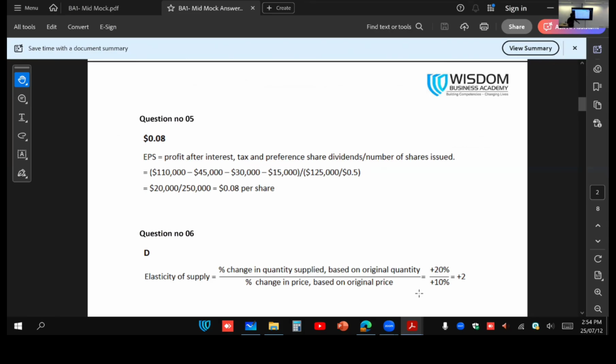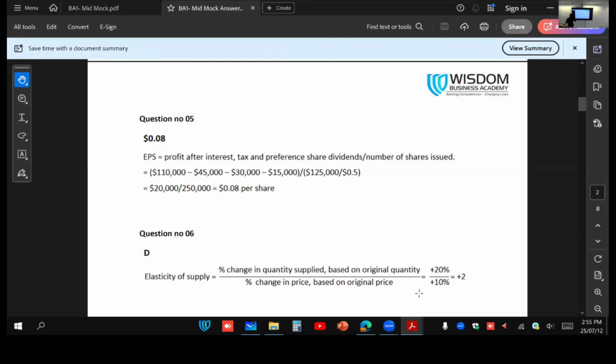Number of shares, why do I take it like this? They have 125,000 worth of shares, but one share is 0.5. So you might miss this point. Remember, nominal value of one share is $0.5.